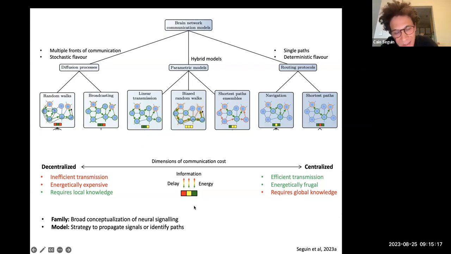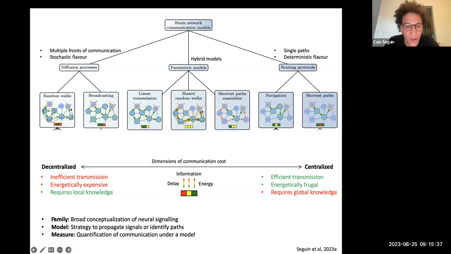These three dimensions of communication cost help us think conceptually about how plausible these different algorithms might be. So it offers a way for us to qualitatively assess these different strategies.